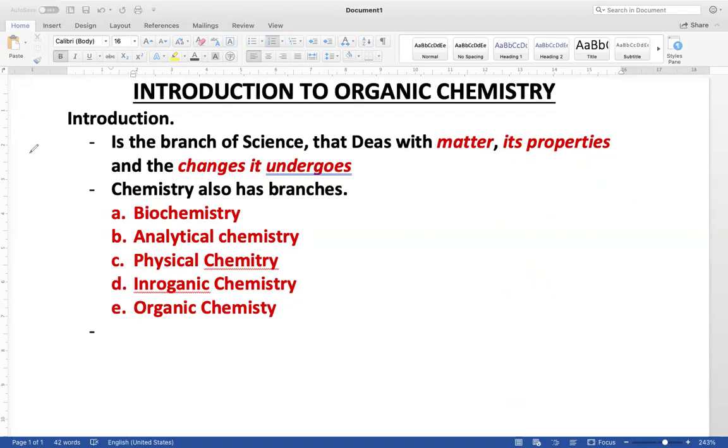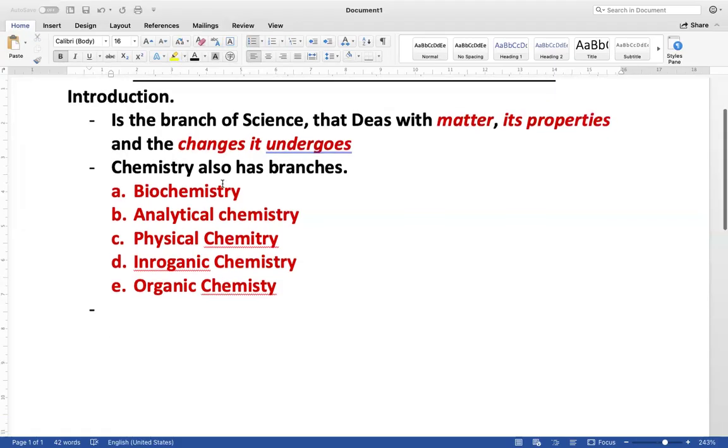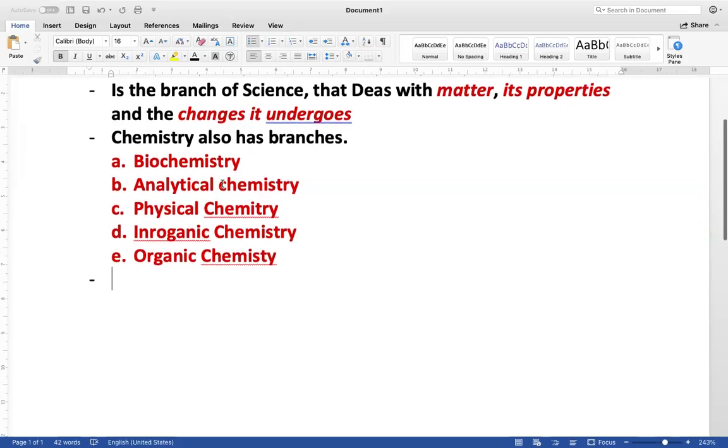Now here we're going to look at what organic chemistry involves. Matter, its properties, and the changes that matter undergoes, whether physical or chemical, there is an aspect where organic chemistry dwells.